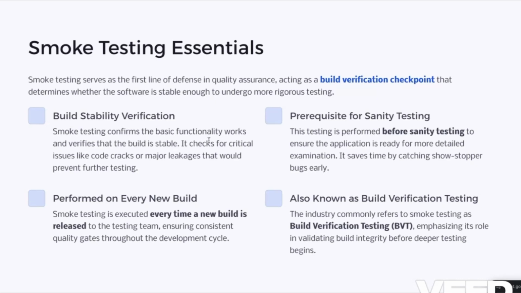It checks for critical issues like crashes and major leakages that would prevent further testing. It's performed on every new build. Smoke testing is executed every time a new build is released, ensuring consistent quality gates through the development cycle.